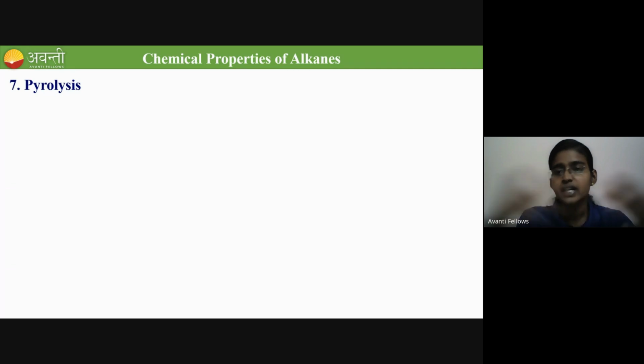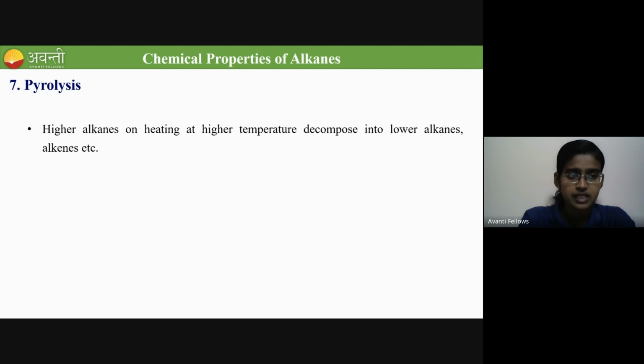On heating the alkane to a very high temperature, they get decomposed to simpler lower alkanes. They will be breaking down into very simple alkanes, and that reaction is called pyrolysis. So you can see higher alkanes on heating at a high temperature decompose into lower alkanes and alkenes, etc.